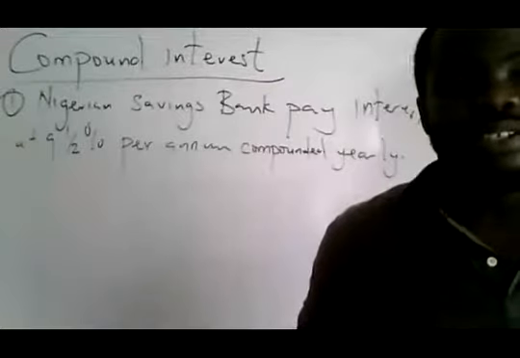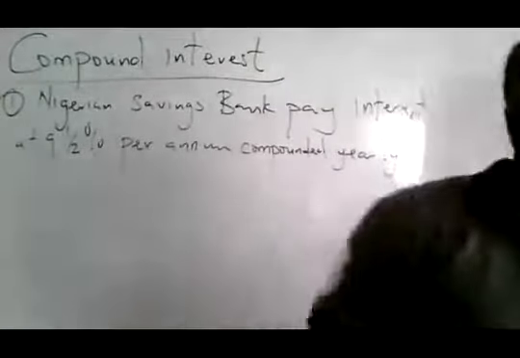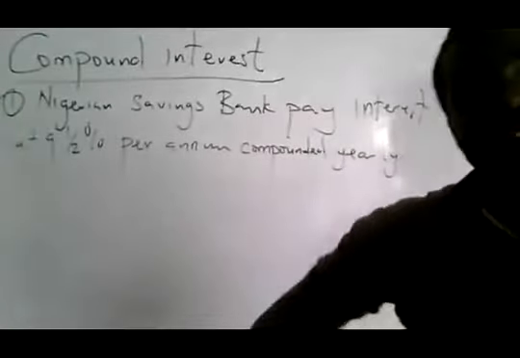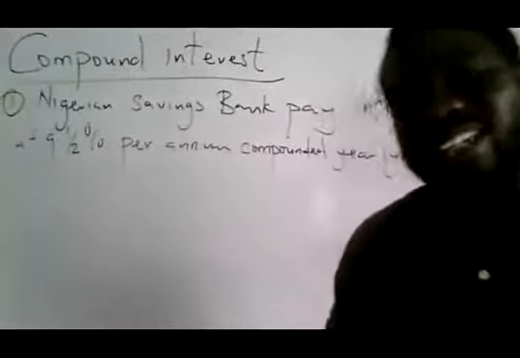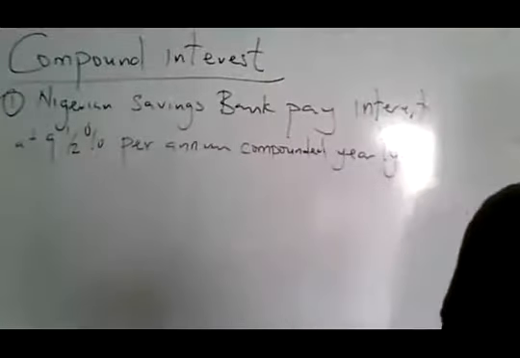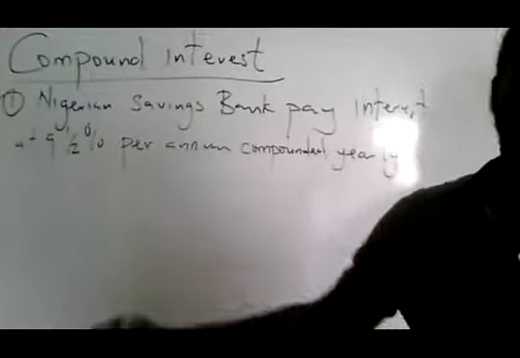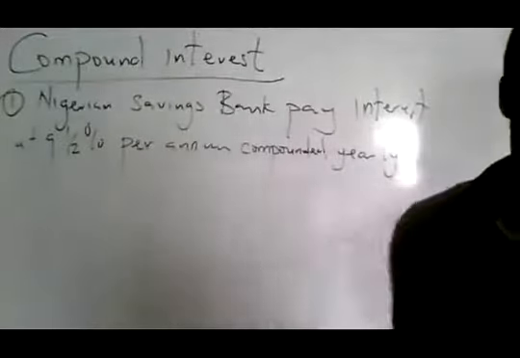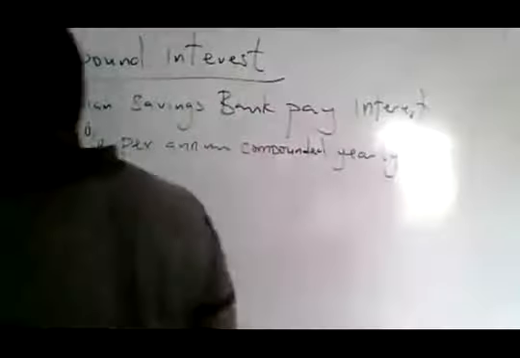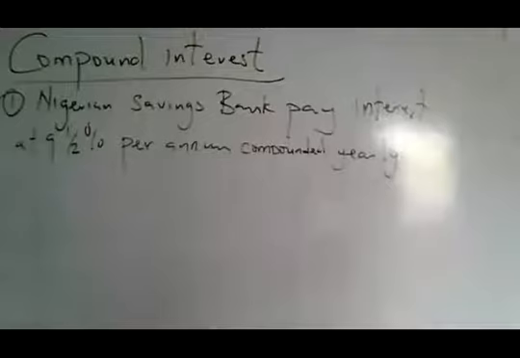Your interest is added to your principal to give you your amount, which is now reinvested again. The following year you get interest on that, and it is added again to your principal for the new year. The same thing keeps happening. That's why they said compounded yearly. They're trying to tell you it is a compound interest, not a simple interest.